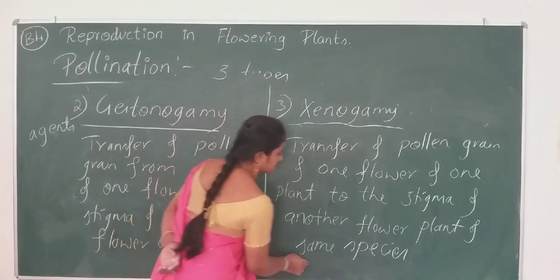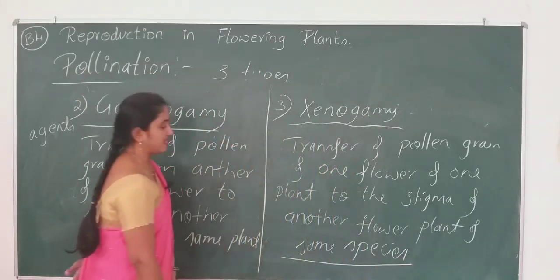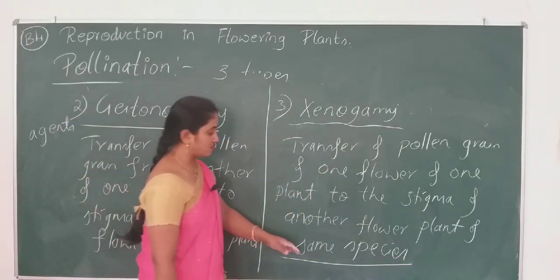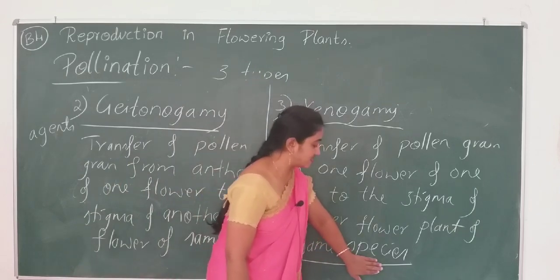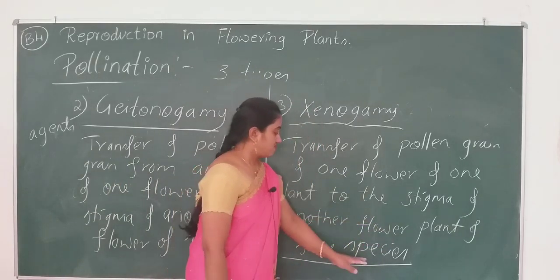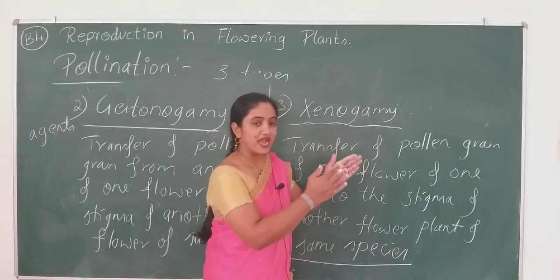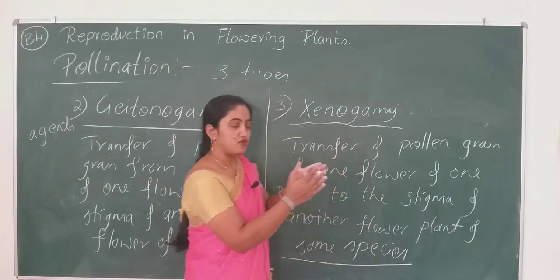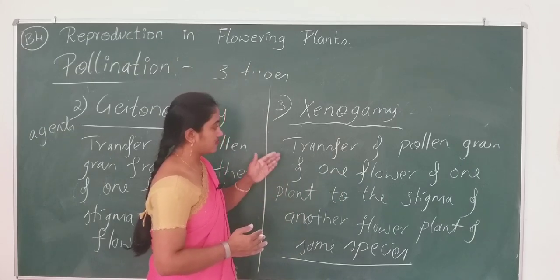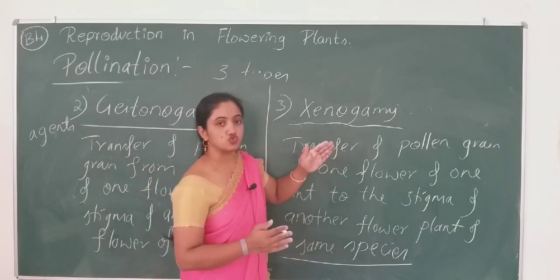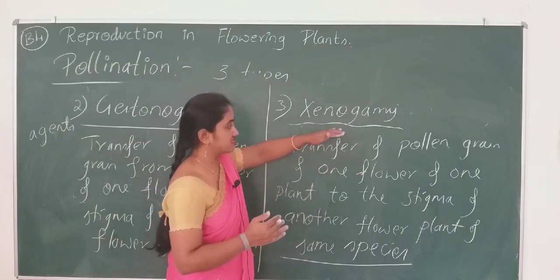So the main concept stands on the species. If two plants belong to the same species, the pollination is occurring between those two plants.